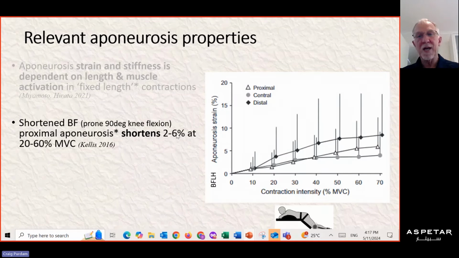So depending on your starting length and your degree of activation, we see this very broad, very wide change in features or shape shifting of the aponeurosis accordingly.